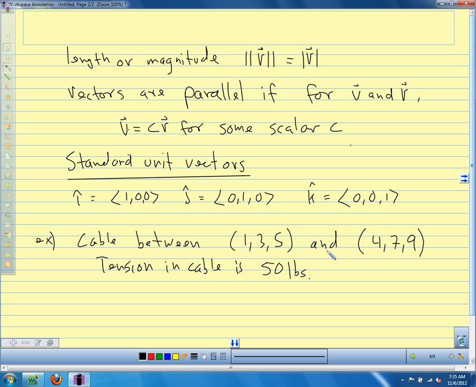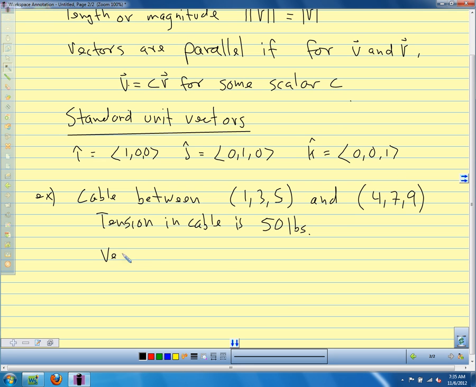So we'll say the vector between the points is, 4 minus 1 is 3i, 7 minus 3 is 4j, and 9 minus 5 is 4k. So this is the vector that goes from this point to this point. So now I have a vector.